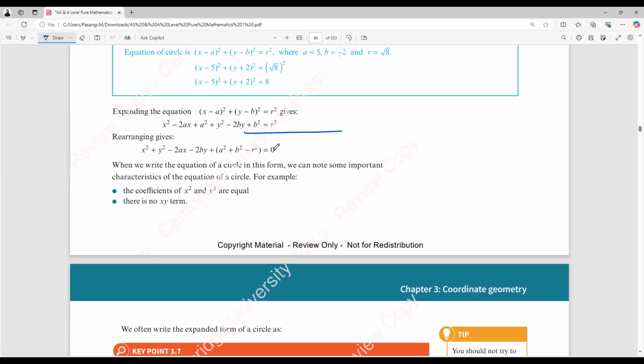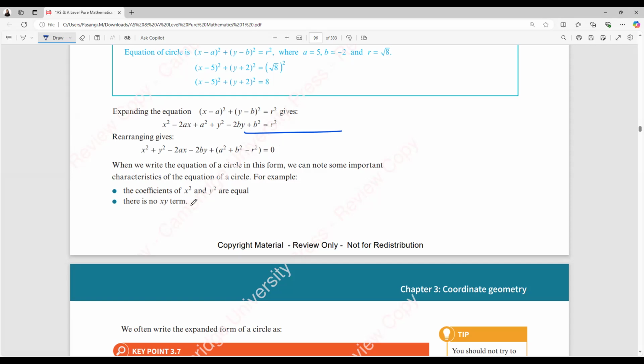For example, the coefficients of x squared and y squared are equal, and there are no xy terms. If we have xy terms, it won't actually be a circle.